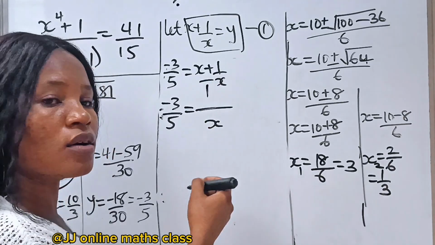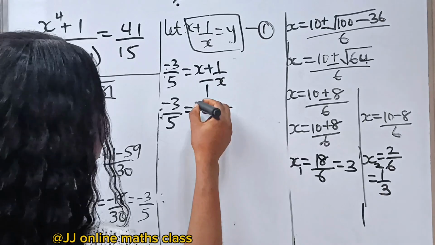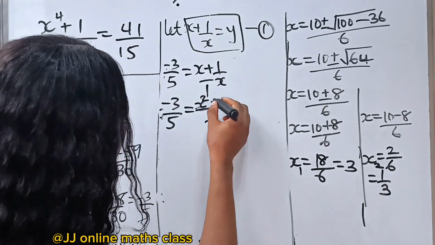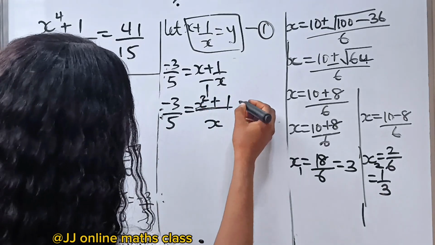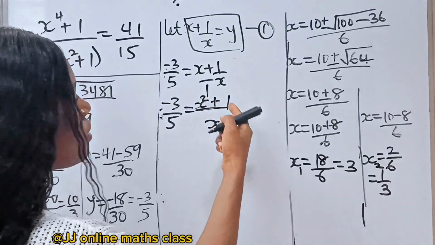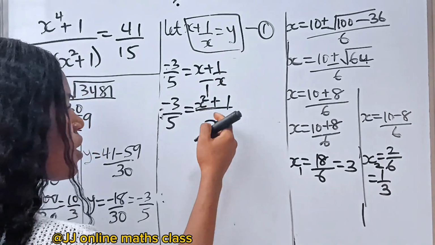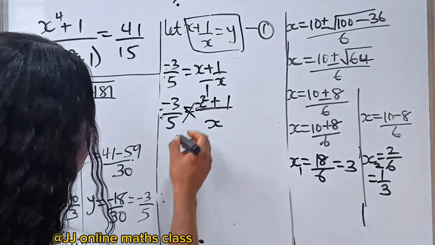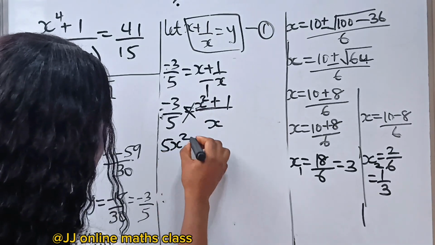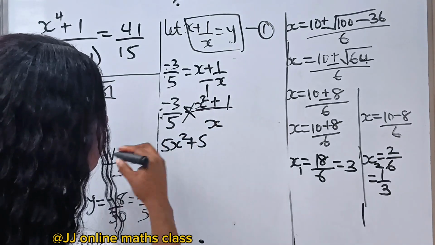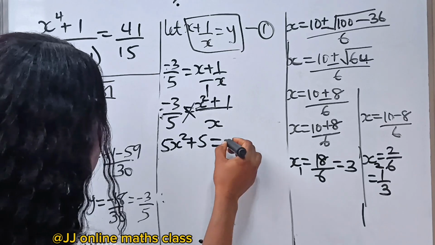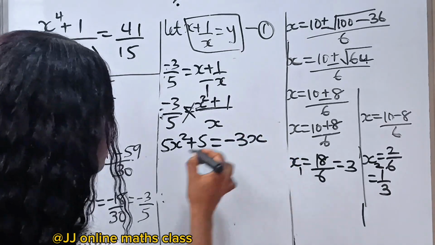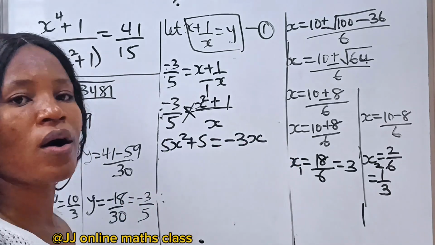X, the LCM. So we are still going to get again x squared plus 1, which is for this side. If you solve this side, we have done that before, you are going to get this. So if we cross multiply, we have 5x squared plus 5 times 1 is 5 is equal to minus 3x.